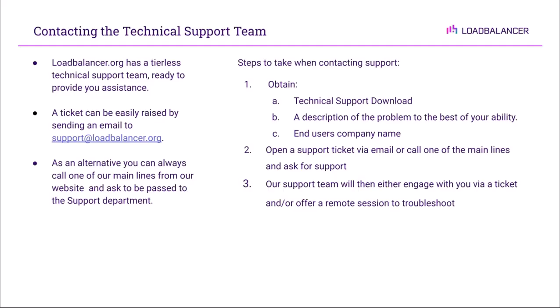You will straight away have an engineer working with you on the ticket, and we obviously try to pick up the tickets in a way that they are most suitable for the person that will be handling that. The tickets can be raised just by sending an email to support@loadbalancer.org, or you could also give us a call on one of our office lines.